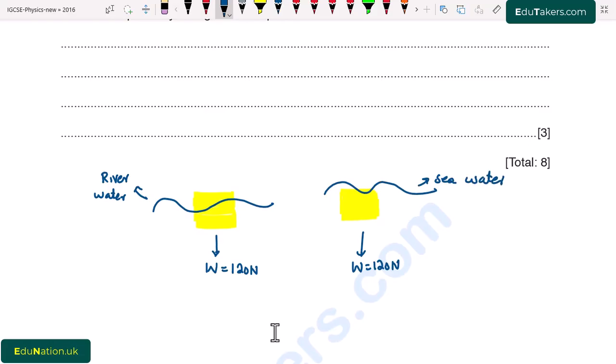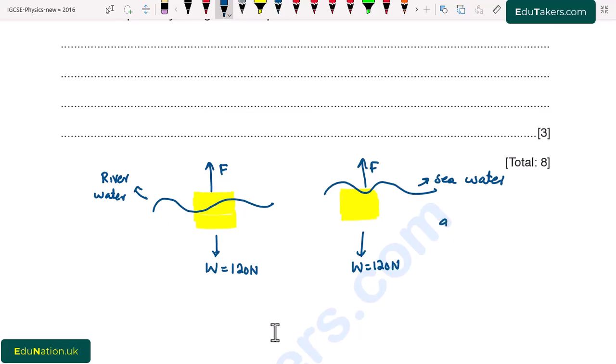It is given that the density of sea water is greater than the density of river water. As the weight of both of these tankers is acting in a downward direction, the water applies a force in an upward direction, which is also known as upthrust. So there will be a force in an upward direction on both of these tankers. The magnitude of this force depends upon the density of river water and sea water.